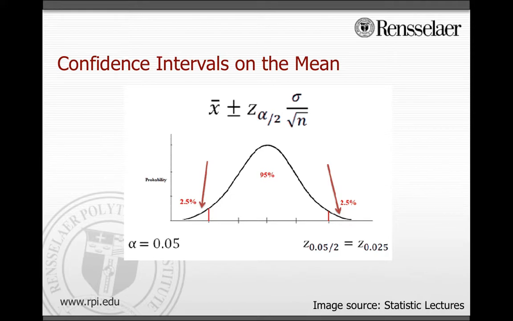If we use the standard alpha value of 0.05, we want to have 2.5%, so alpha over 2, on each side of the graph, which centers our confidence interval around the true mean, theoretically somewhere in the center right here.